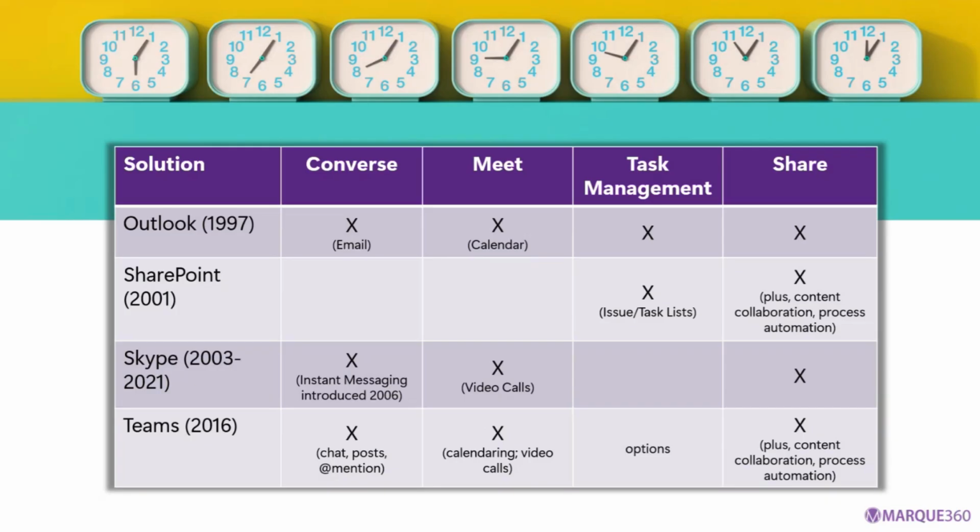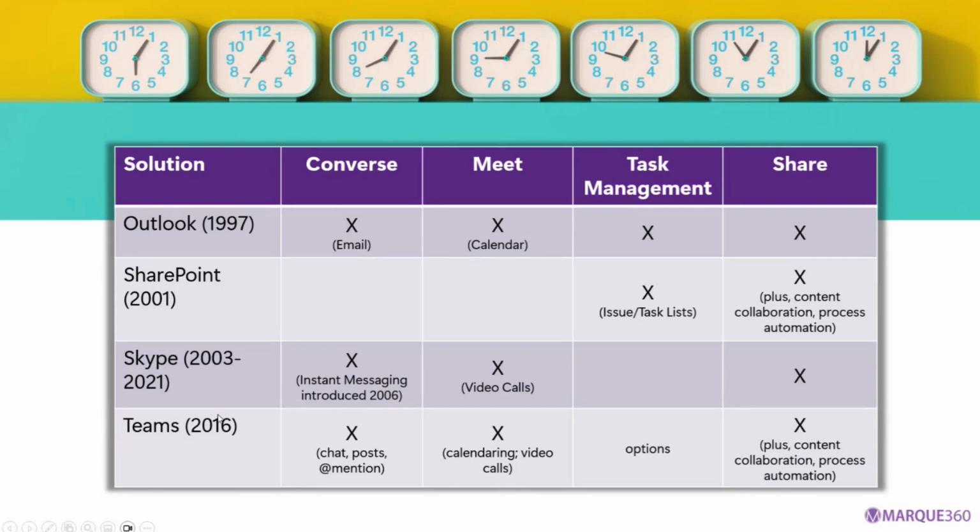So if an organization was using Skype for Business for instant messaging, maybe sharing files as part of that, and facilitating web conferences, when Teams came about, they just started doing the same thing. Oh, we're going to chat and we're going to have some meetings.